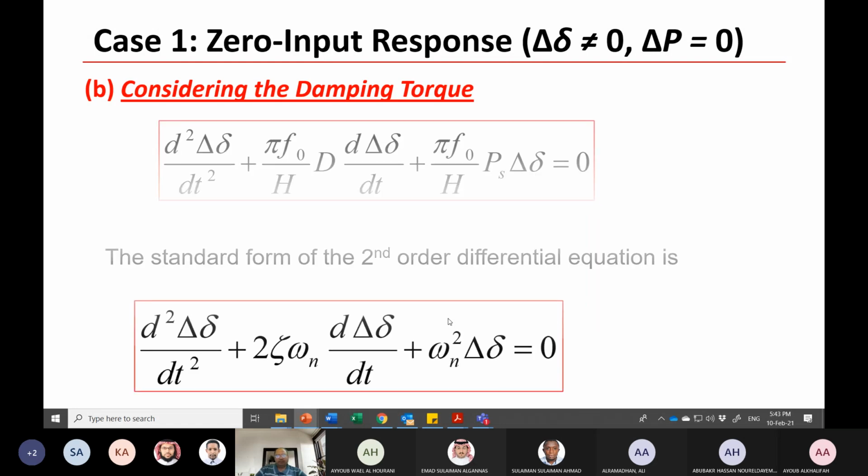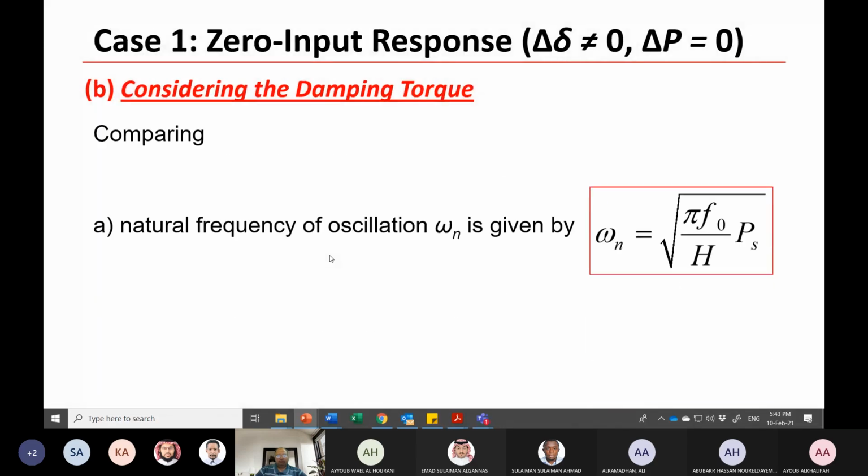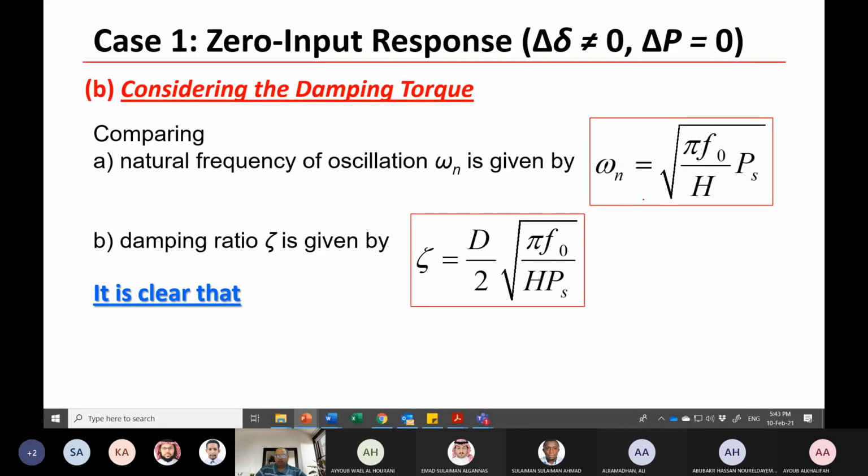Here 2 zeta omega n equals pi f0 D over H. Of course, if D equals 0, if there is no damping, then zeta equals 0, and we go back to the first case.